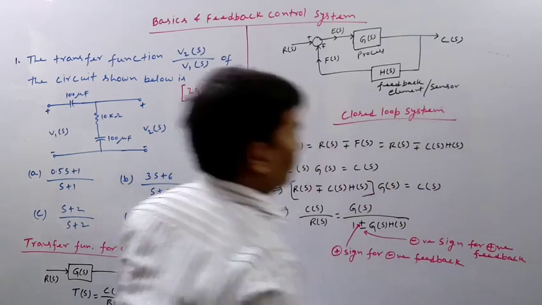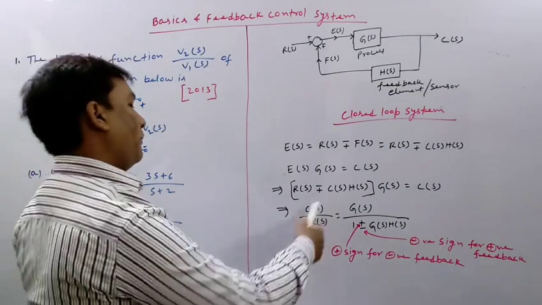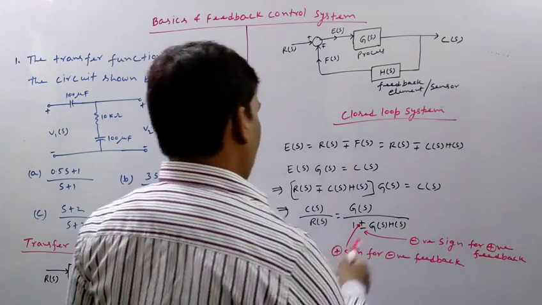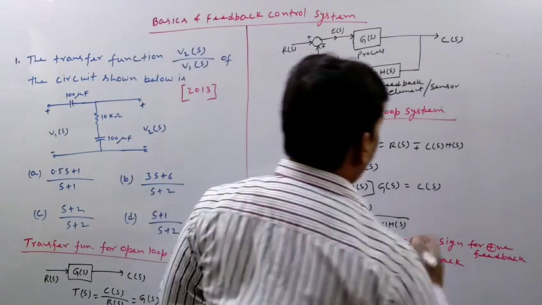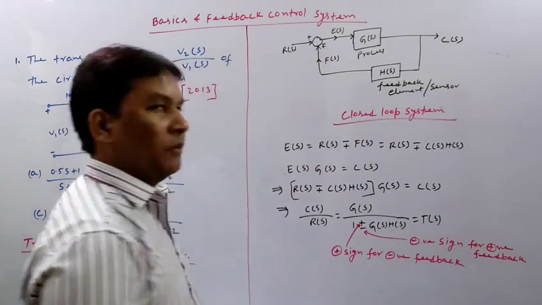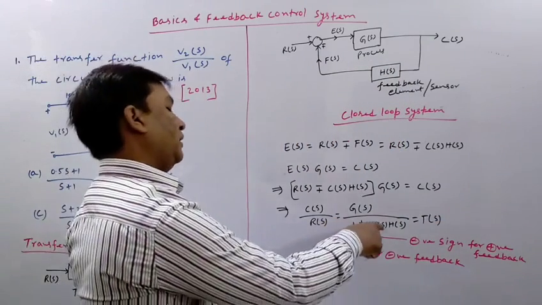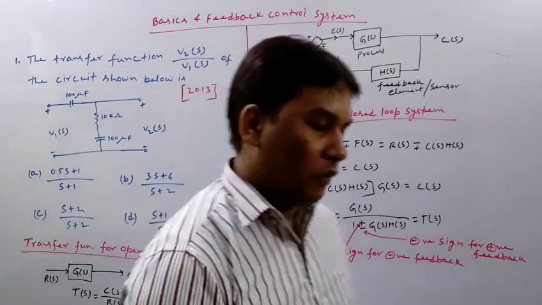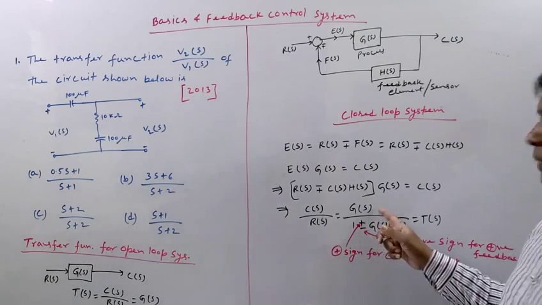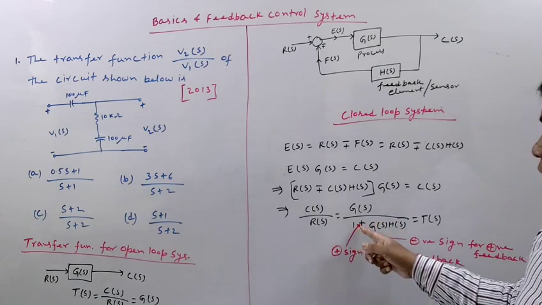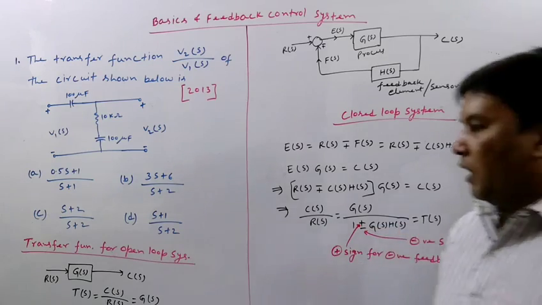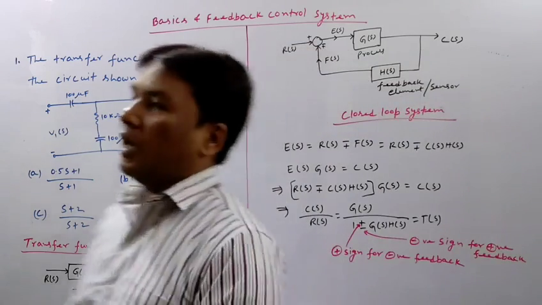Now it is okay to all of you that this will be the transfer function. So the transfer function of a closed loop system will be GS divided by 1 plus minus GS multiplied by HS.